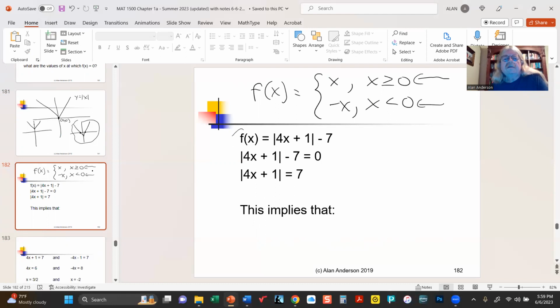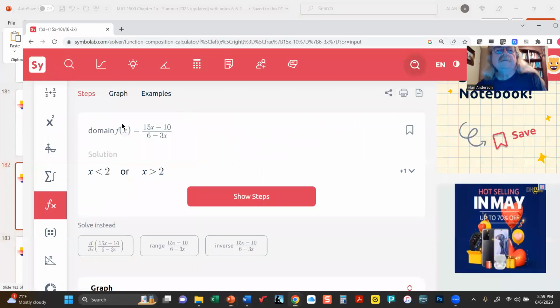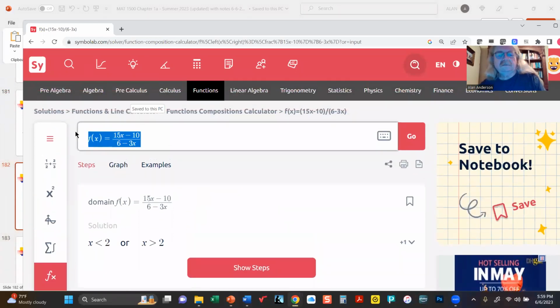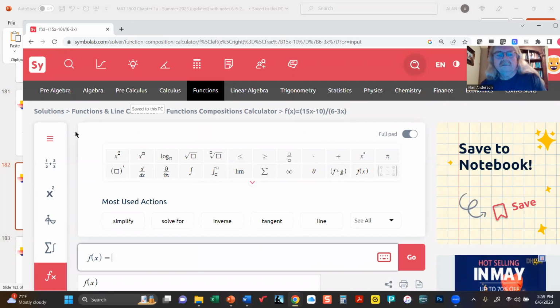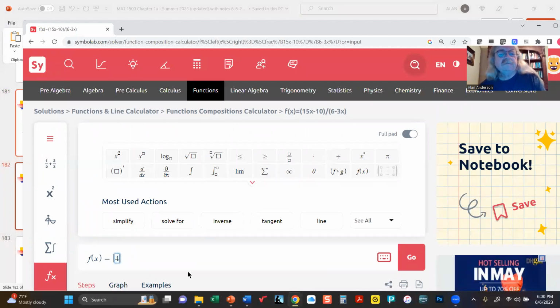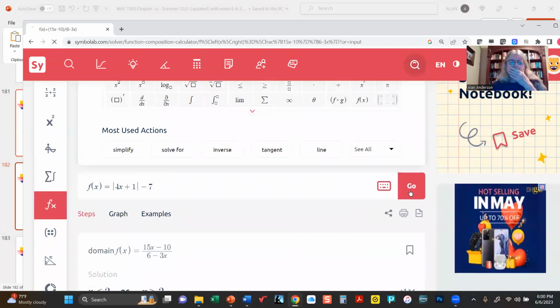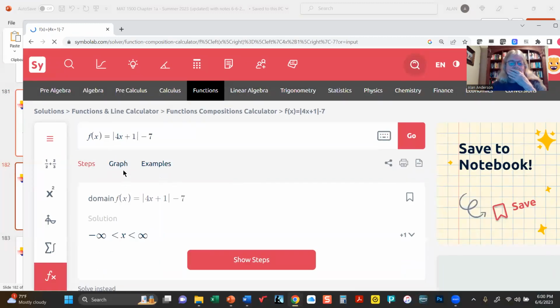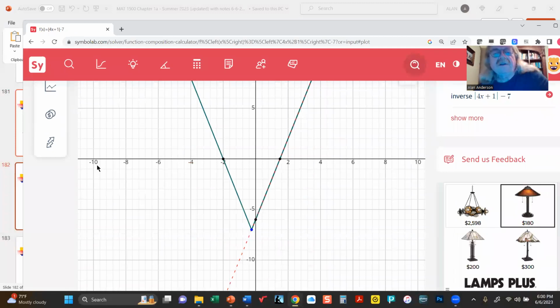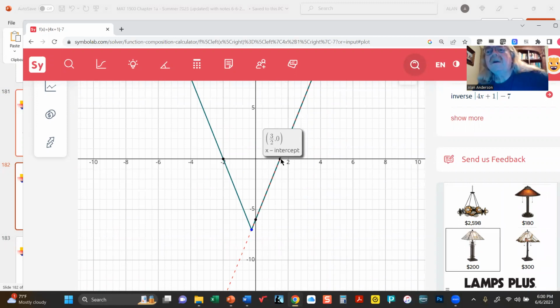So if you notice here, that's the function. In fact, we can go to Symbolab and see what it looks like. The absolute value of 4x plus 1, minus 7. So yes, there's going to be two solutions. Well, it just so happens that they're -2 and 3/2. Okay, but we're going to prove it.